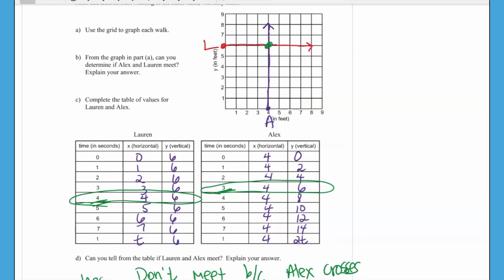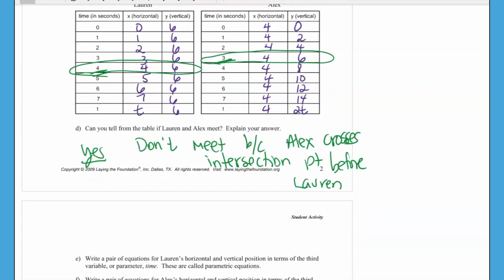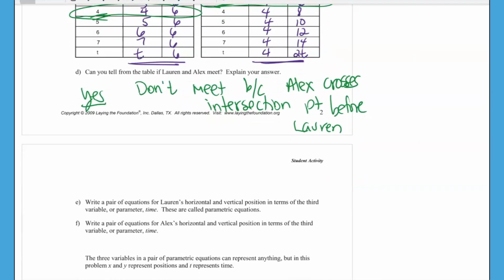But what we'd like to do is have a way to consider this where we really factor in the t, and in doing this table, we can really see that that's what's happening here. And so when we look at this to write a pair of equations for Lauren's horizontal and vertical positions, we've really already done that.